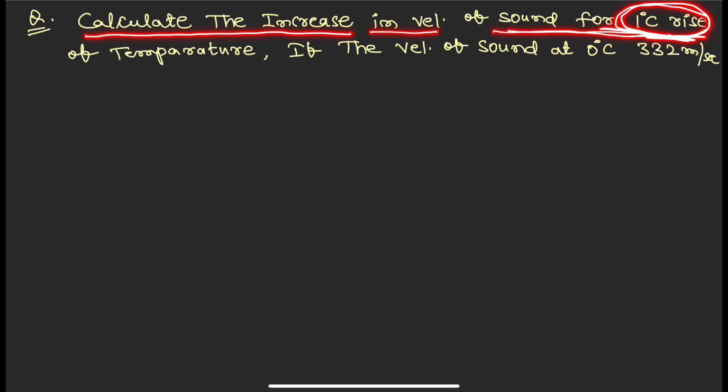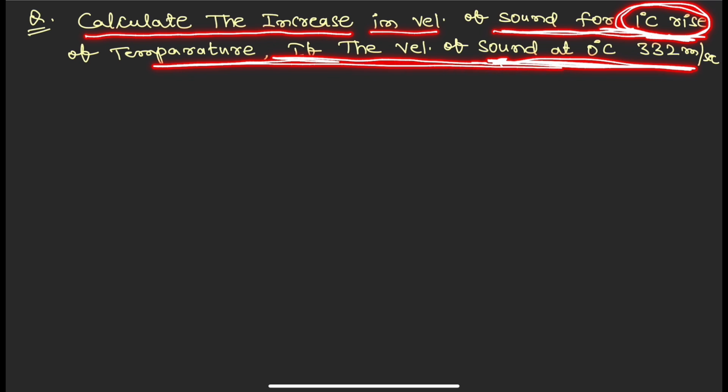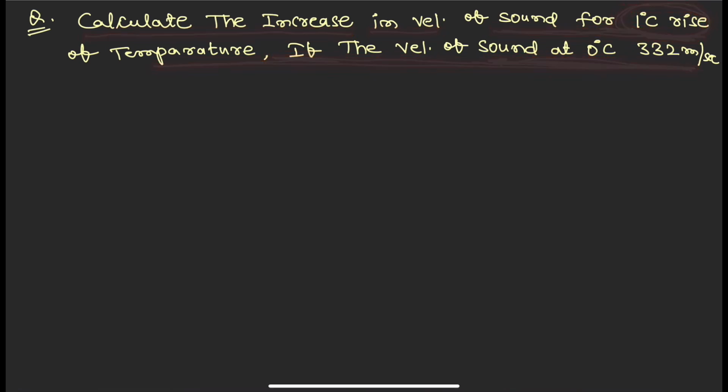So at 0 degree Celsius temperature, the velocity of sound is 332 meter per second. Here is the given question.